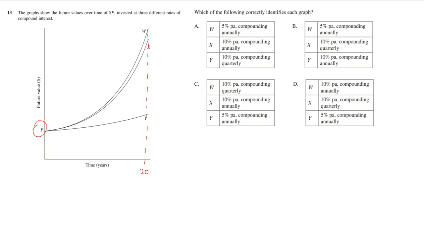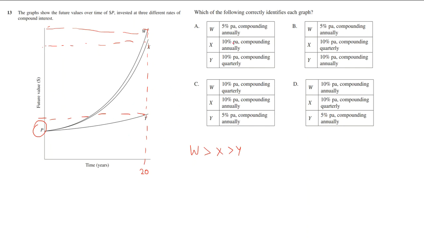In this case, W has the highest value because the relevant future value for W is somewhere here, for X is somewhere here, and for Y is somewhere here, right? So first thing I would say is that W is greater than X and X is greater than Y. That's what I know from looking at the graph.